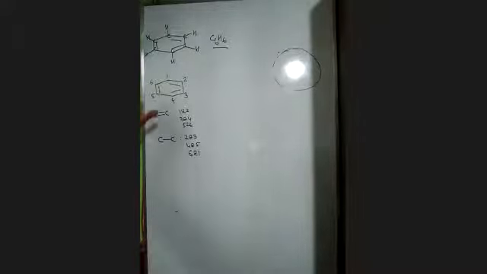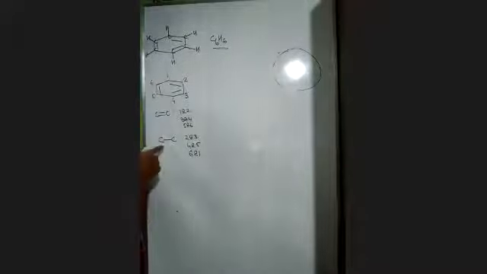When you draw the structure of benzene, we do not write carbon and hydrogen because we know organic compounds are made of carbon and hydrogen.